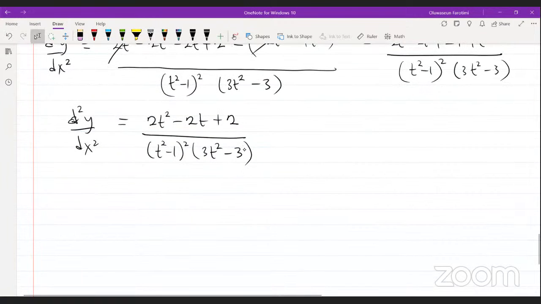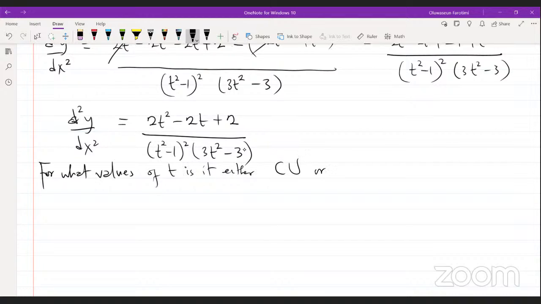Okay. So let's now modify the question, guys. Let's say for what value of t do we have, I'm just trying to modify it, step it up a little bit, is it either concave up or concave down?